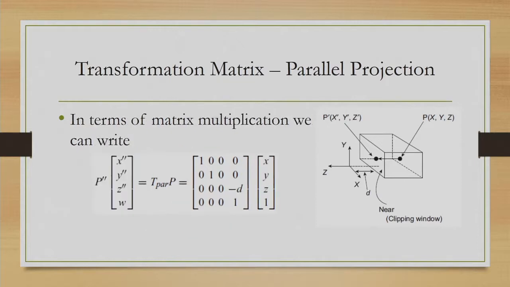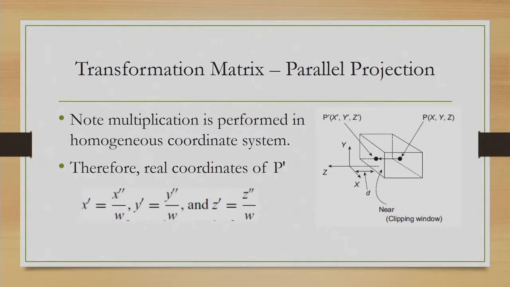However, we have to keep in mind that this multiplication that we are performing, that is we are trying to get the transformed point by multiplying the transformation matrix with the original point in this way, takes place in the homogeneous coordinate system.